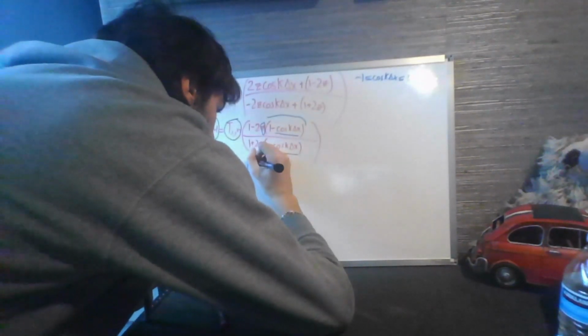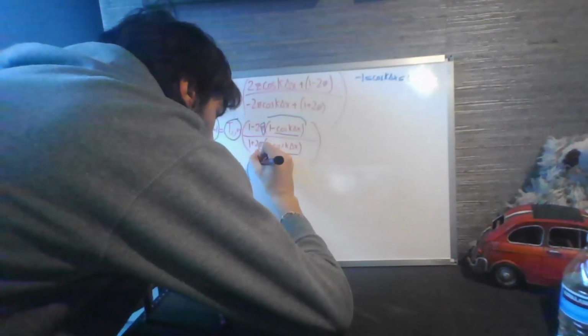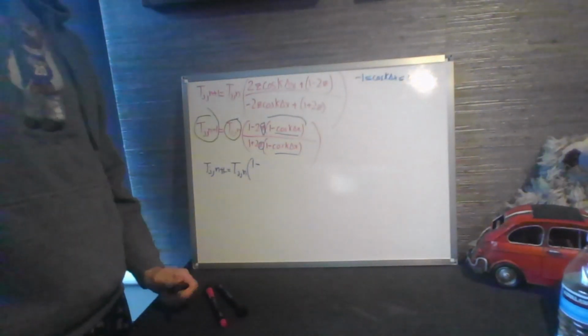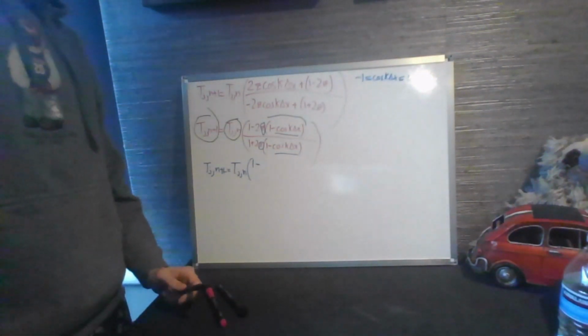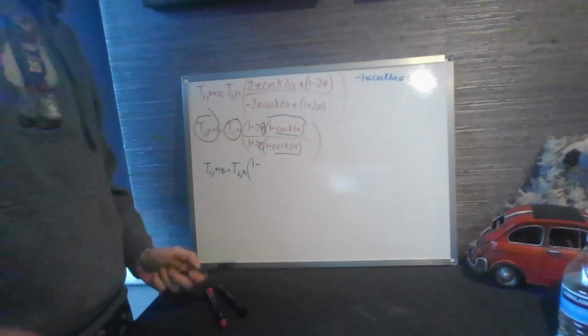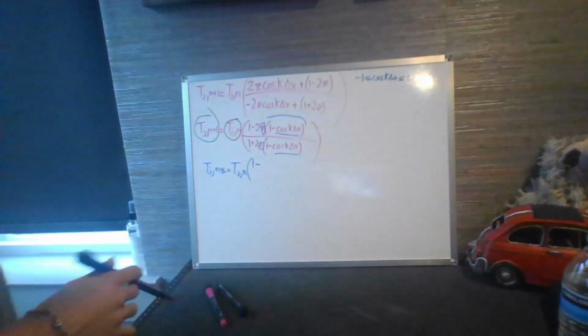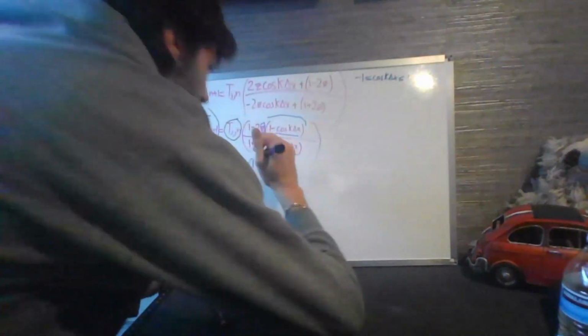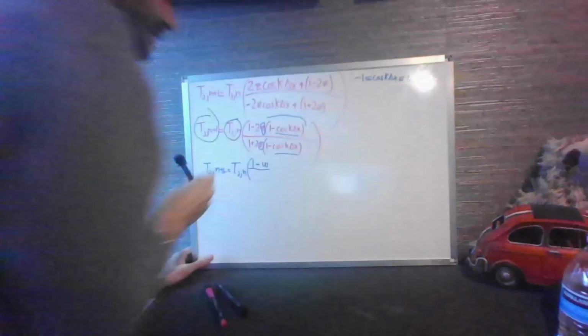So we'd have a 1 minus, like I said, this 1 minus cosine k delta x cannot be negative, right? So this 2z times this whole expression has to be a positive value. So say it's a w, omega, and then the same with this bottom, it is 1 plus omega, right?